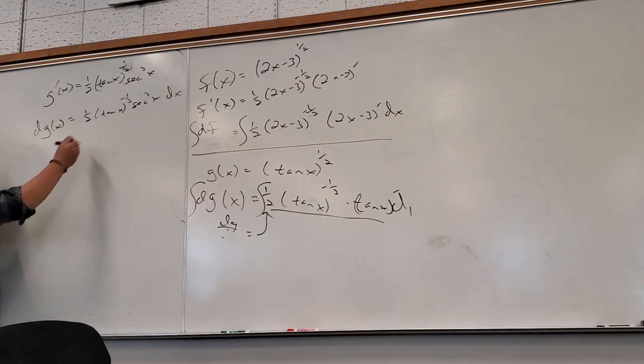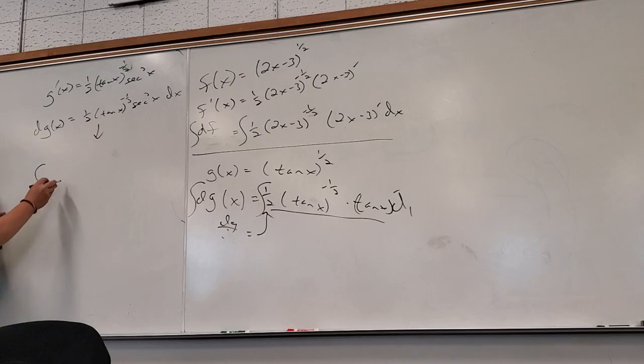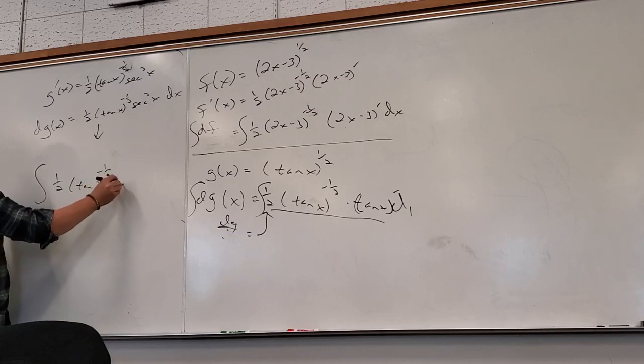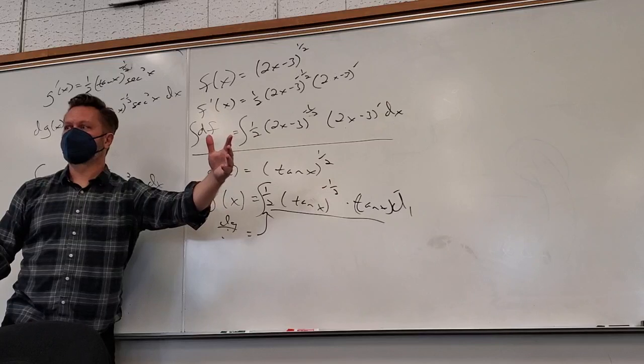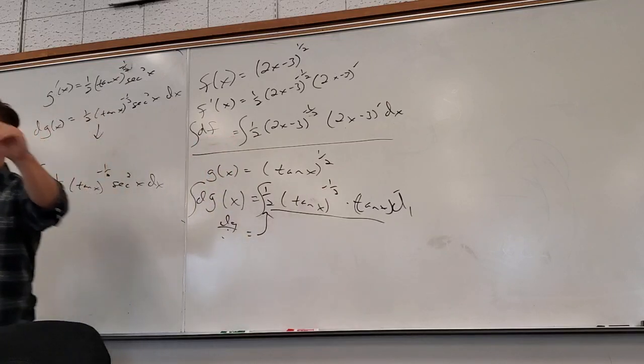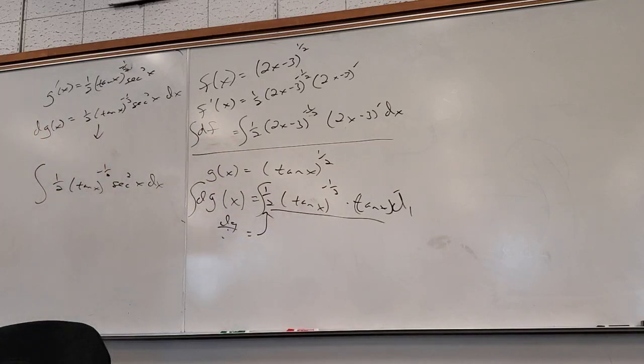So what if I ask you, what is the integral of 1/2 tangent x to the negative 1/2 secant squared x dx? Now we know what the answer is, don't we? We just know it, right? Tangent x to the 1/2 plus C, right? I really want that understood. If I take the derivative of a function, the integral of the answer gets me back to the original function. That's all we're saying right now, yes?